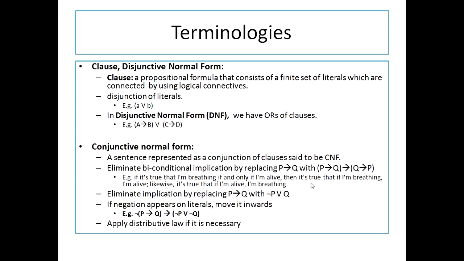When you are taking the negation inside, the negation of if P then Q becomes P and negation of Q. And we have to apply the distributive law as well sometimes, to generate this conjunctive normal form. If you have a form like A or (B and C), then we can take the A inside: (A or B) and (A or C). Like that you can generate the logical formula. So these are some basic terminologies you should understand.